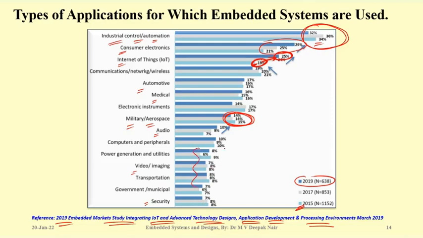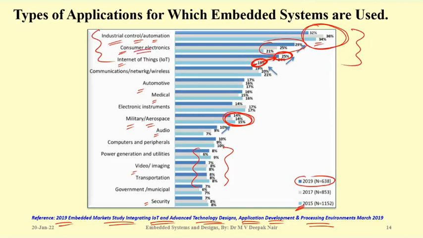So depending on this, you can choose your final goal, in which industry you can find a good job. Keeping that in mind, you can progress in that direction, and you should make your project in that direction if you are planning to go into this industry. Most embedded systems are used in industry, consumer electronics and the internet of things.